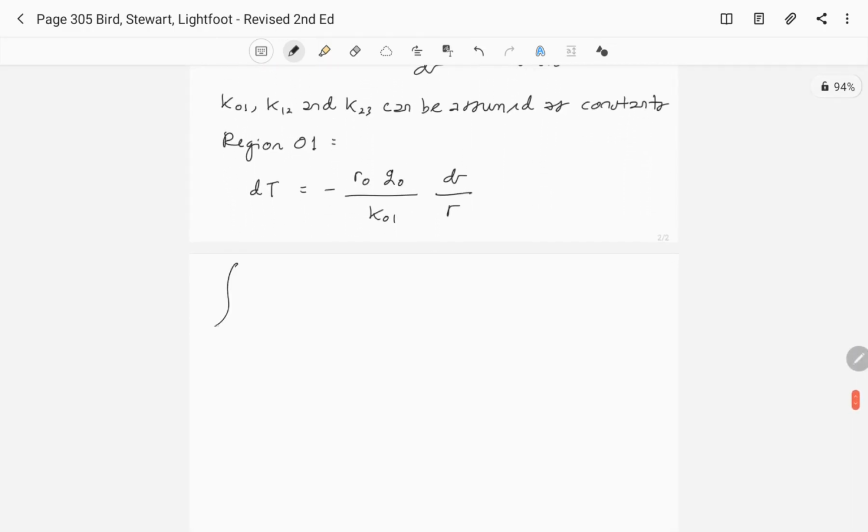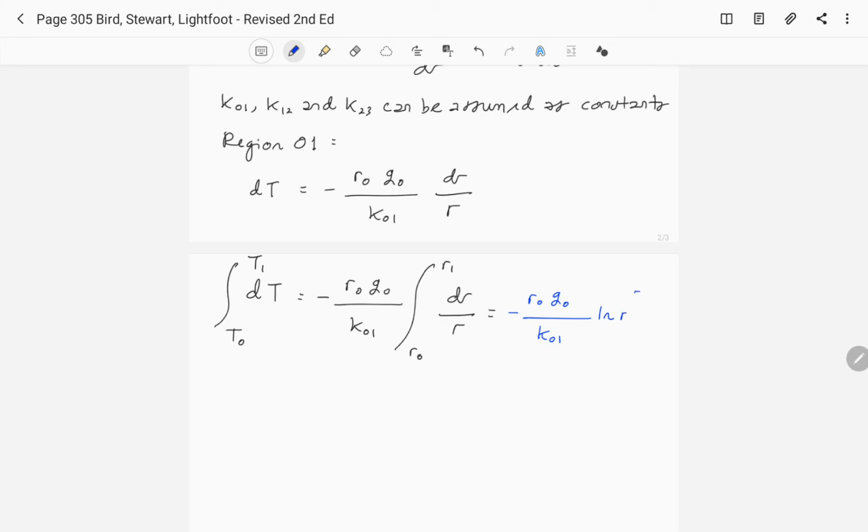Then we can integrate dT from T0 to T1, which is minus R0 Q0 divided by K01 times the integral from R0 to R1 of dr divided by R. Then this will be equal to minus R0 Q0 divided by K01 times ln R from R0 to R1.